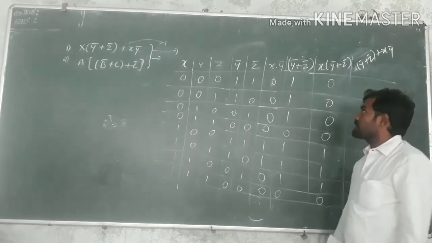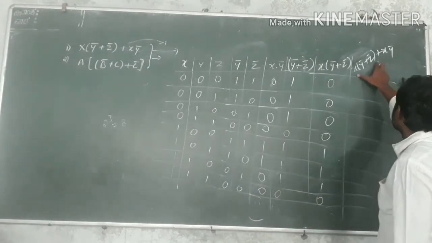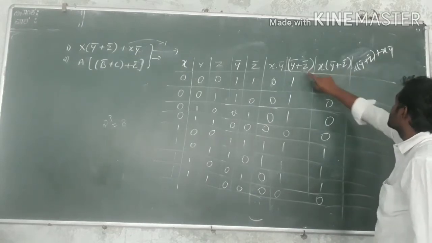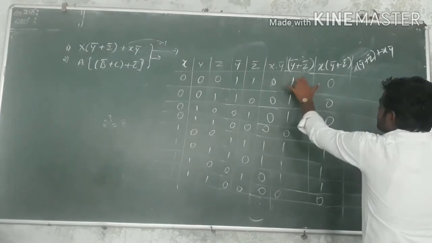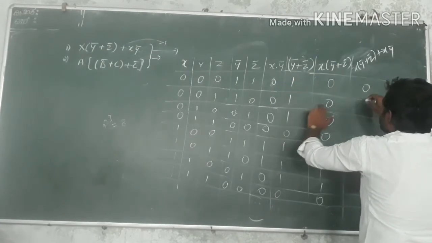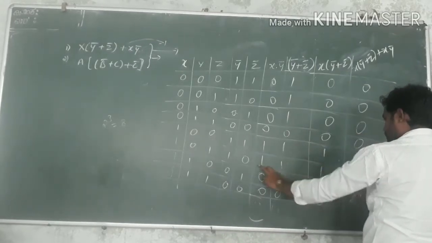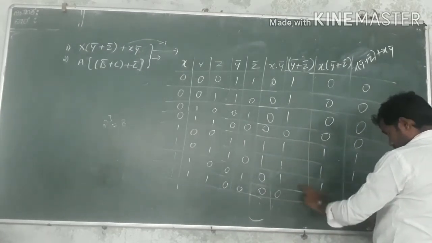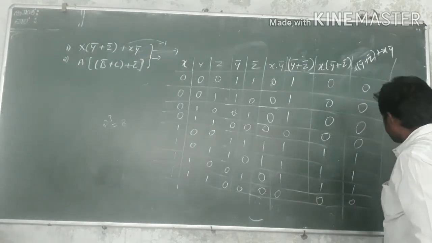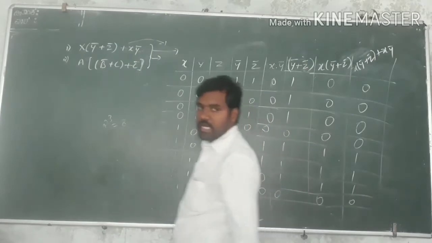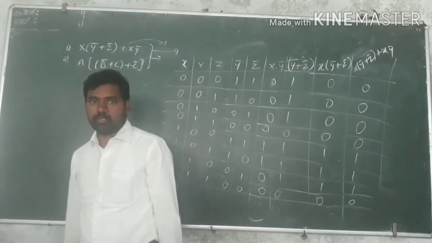After finding the values of the separate equations, go for finding the whole equation, this term plus this term plus this term. So 0 plus 0 is 0, 0 plus 0 is 0, 0 plus 0 is 0, 0 plus 0 is 0, 1 plus 1 is 1, 1 plus 1 is 1, 0 plus 1 is 1, 0 plus 0 is 0. This is the way of calculating the equation of this statement.